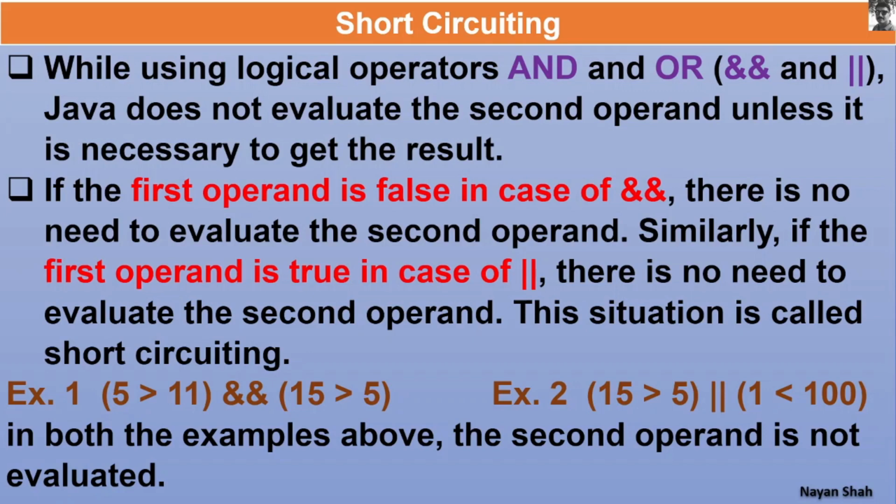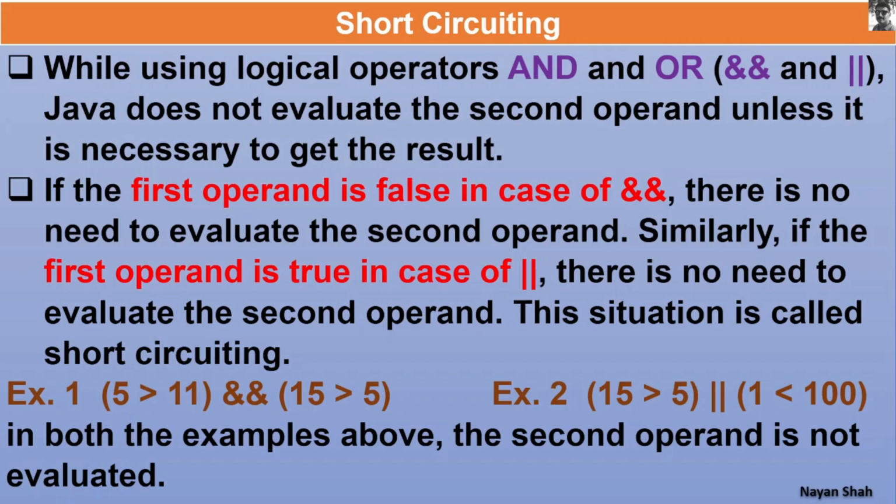This point is very important to understand. If the first operand is false in case of AND, there is no need to evaluate the second operand. Similarly, if the first operand is true in case of OR, there is no need to evaluate the second operand. This situation is called short circuiting.